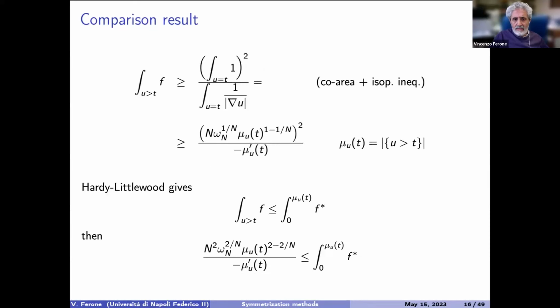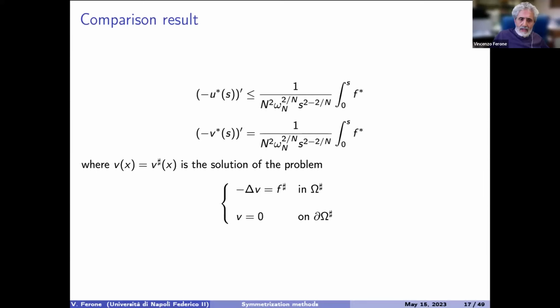So this means that the function v, and its decreasing rearrangement, solution of the problem with the symmetric data, satisfies the equality here. And so this inequality here and this equality here allow us to get the comparison between u star and v star.